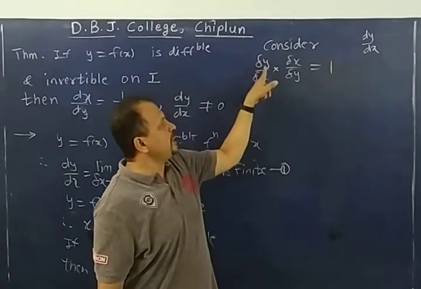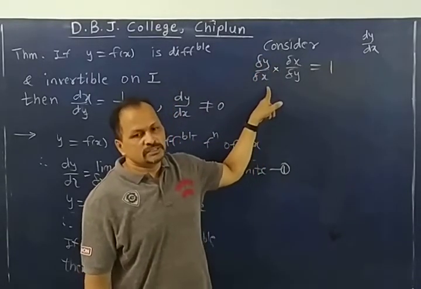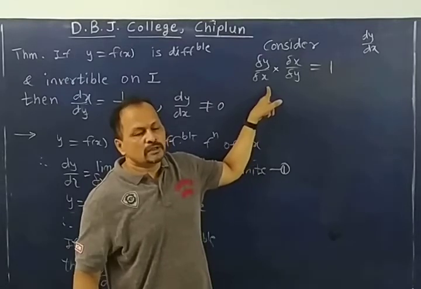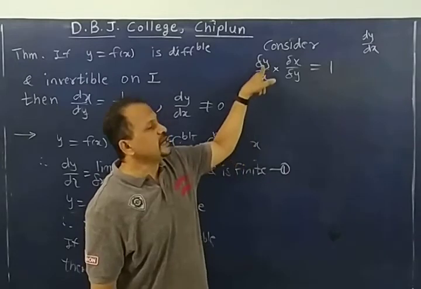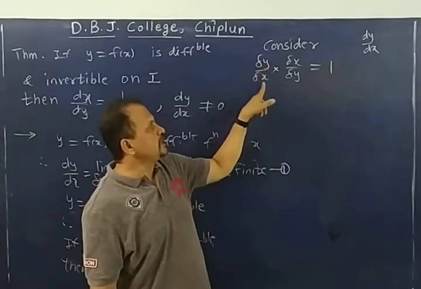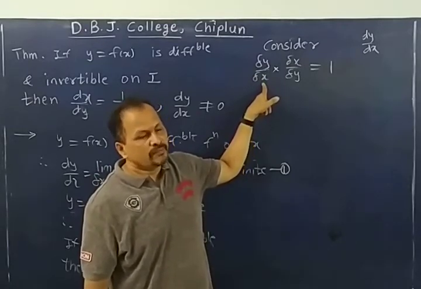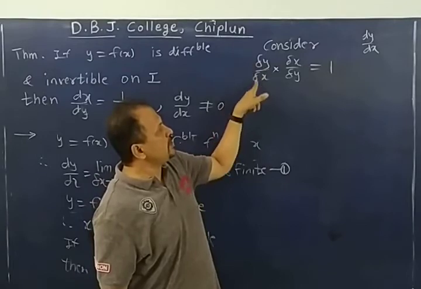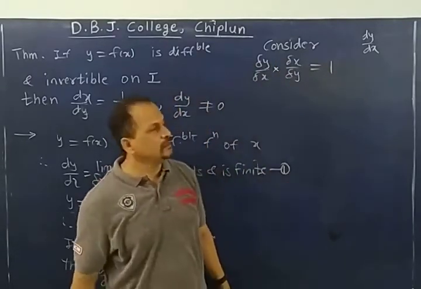But delta y and delta x, these deltas are changes. They are used to represent the change in some variable. Delta y means small change in the variable y. Delta x means small change in the variable x. So delta y by delta x into delta x by delta y is clearly equal to 1.